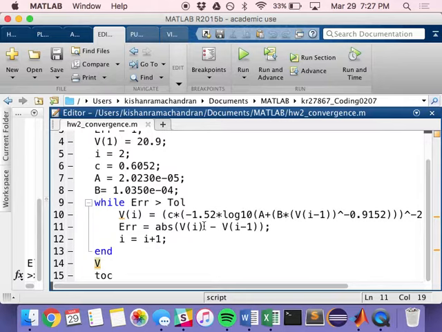Another way to do it, like I put here, is the difference between the next guess and the previous guess. Differences in the guesses. And the third way.